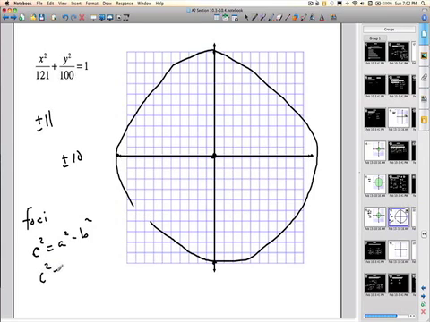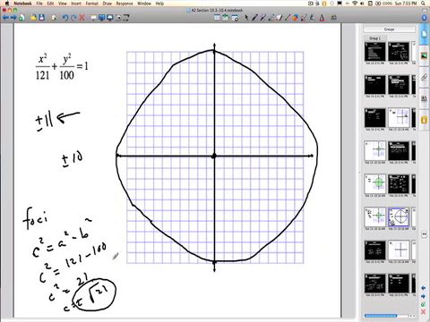So c squared will be equal to 121 minus 100, which is 21, and if I take the root, c will be plus and minus root 21. What's important is that you move this distance from center in the same direction as your larger denominator, with the vertex.